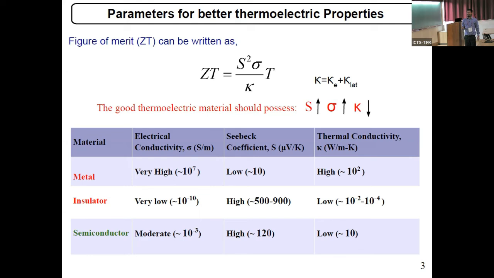So how would that be very good? Of course, the Seebeck is high in that sense. Yes, for a good thermoelectric material, the Seebeck coefficient should be higher, the electrical conductivity should be higher, and simultaneously the thermal conductivity should be lower. For semiconductors, the Seebeck coefficient is higher and the thermal conductivity is lower, so these conditions can be matched for semiconductors only.